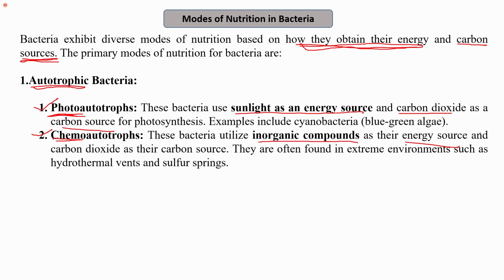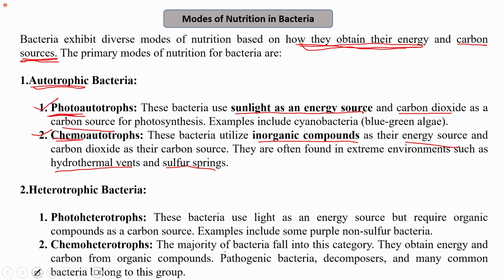They are often found in extreme conditions, for example, hydrothermal vents and sulfur springs, where they can utilize the sulfur compounds as their energy source and carbon dioxide as their carbon source. So basically, autotrophs are the bacteria that are using carbon dioxide as their carbon source. But based on whether they are using sunlight or inorganic compounds as an energy source, they are classified into photoautotrophs and chemoautotrophs.